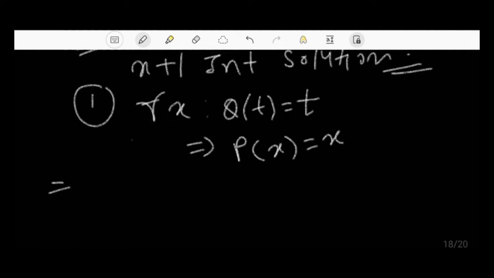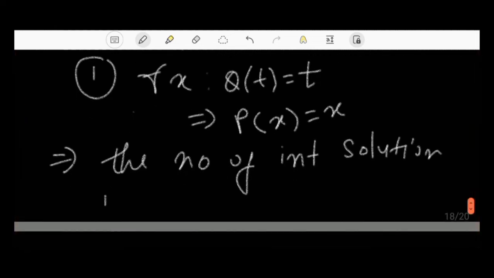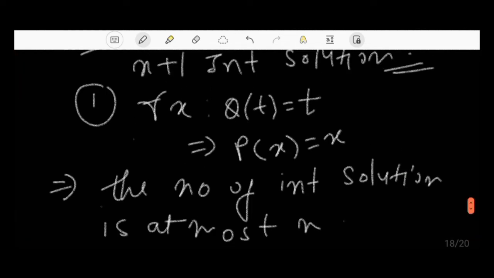But this simply implies that the number of integer solutions is at most n, because we know that polynomial P has degree n, so the number of integer solutions can be at most n.